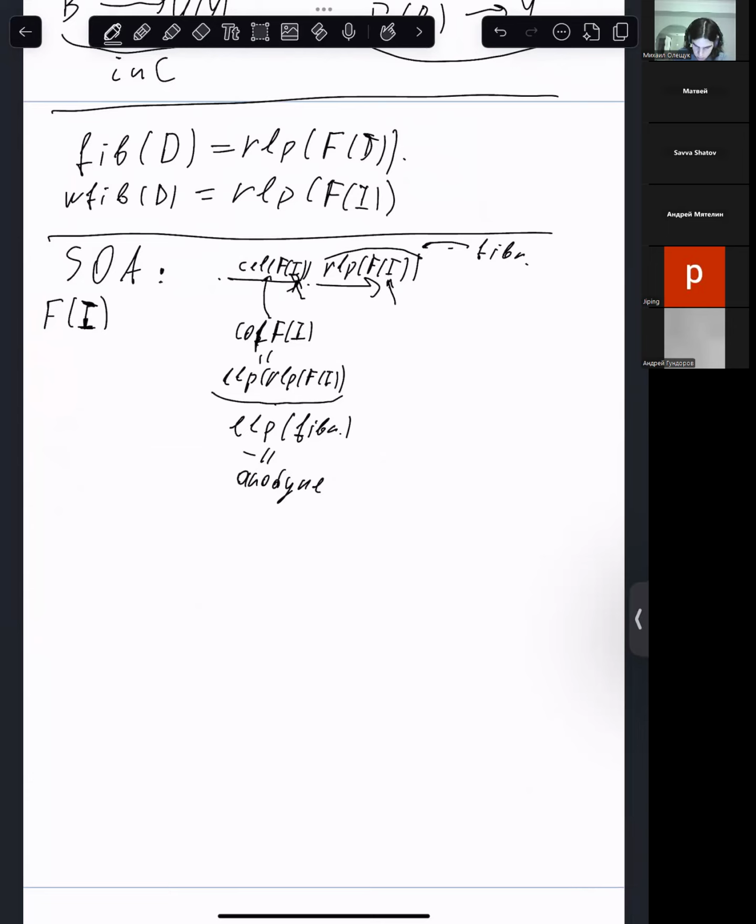So it will be LLP against all acyclic fibrations. And these will be cofibrations by definition of cofibrations in category D. So we have the factorizations that we want.